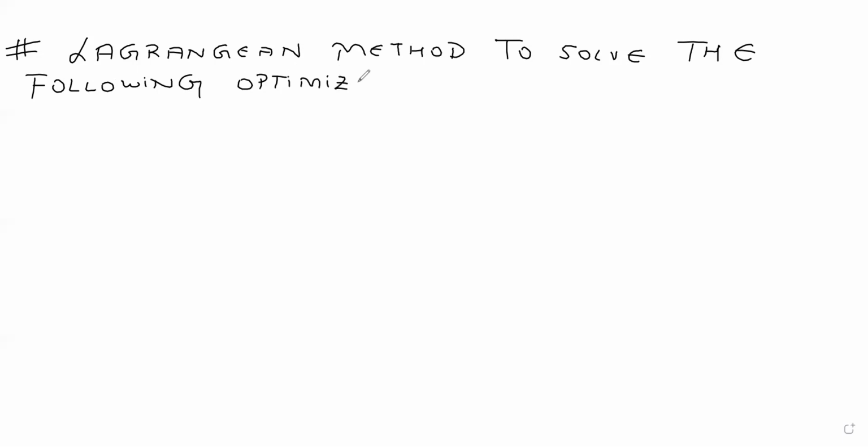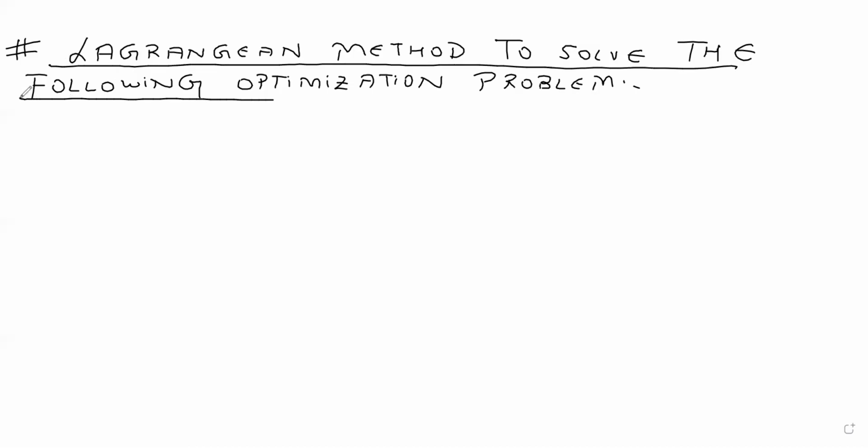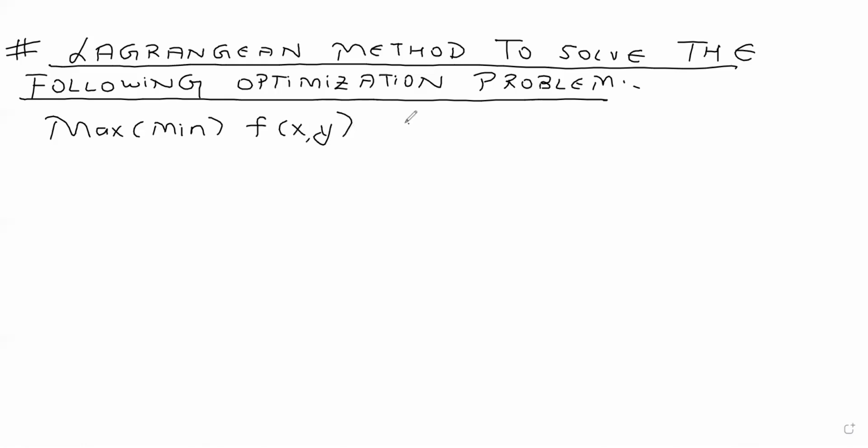This is another method we use to solve constraint optimization problems. Again, first of all, I can write the simple two variable one equality constraint optimization problem, which is either maximize or minimize f of xy subject to the equality constraint g of xy equal to c.